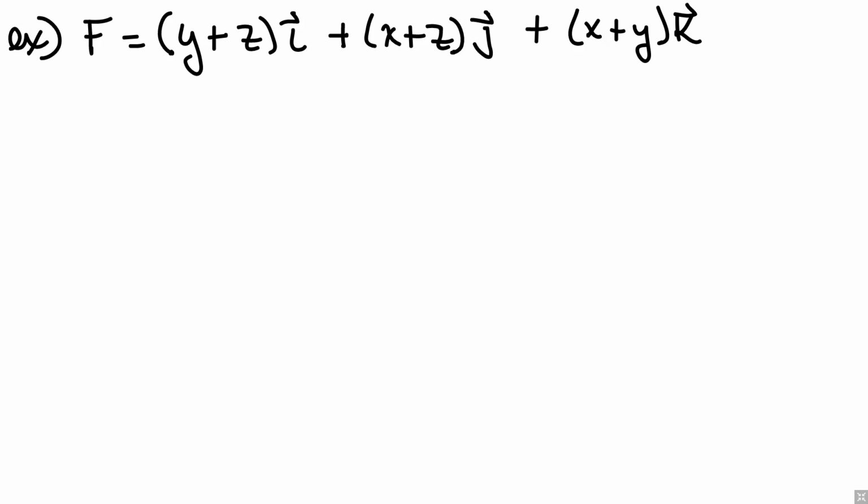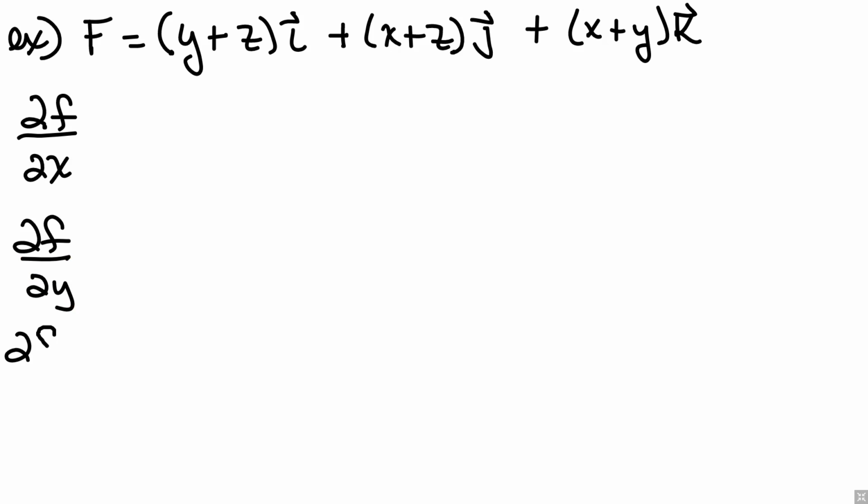This is how it's going to work. We're going to look at the partials of each piece: the partial of f with respect to x, the partial of f with respect to y, and the partial of f with respect to z.